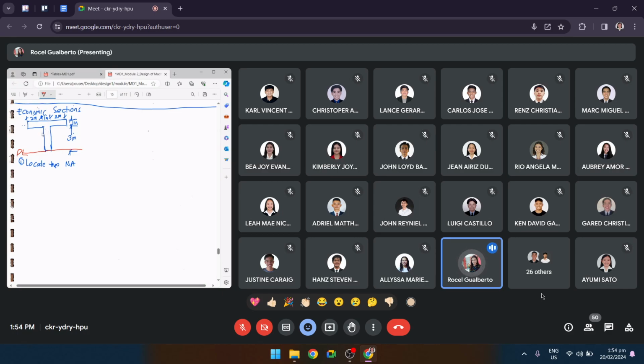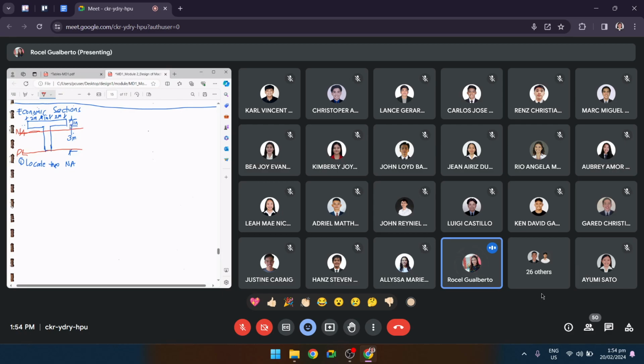Wala po siya doon sa middle, so perhaps it would be higher than half of the total height. Lagay po natin dito. Say, for example, this is your neutral axis. You label it NA, neutral axis. More than half is our assumption.